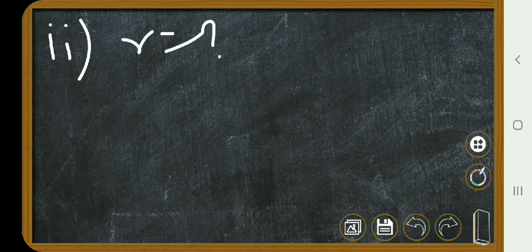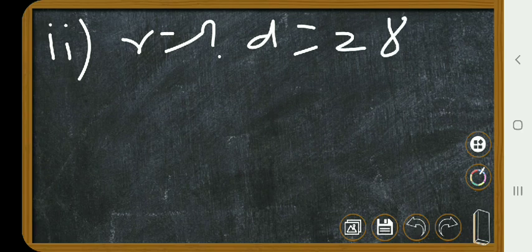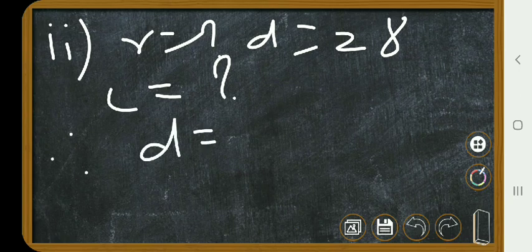Now see, in the second example, sorry, radius is not given, we have to find it. Diameter is given 28, and circumference we have to find. We know that diameter is 2 times the radius, so radius is half of the diameter.